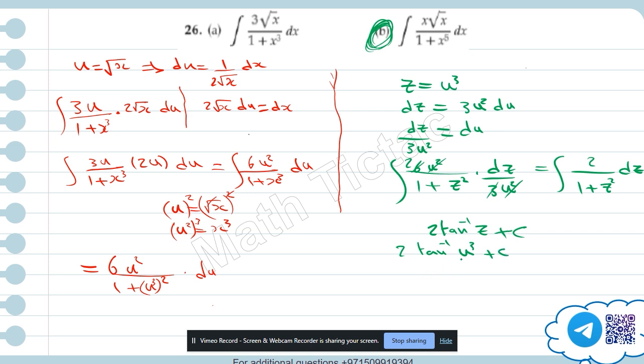Then instead of u cubed, I'll put the value of u, which is square root of x. So this is 2 tan inverse of square root of x, which is x to the power 1 over 2, multiplied by 3 over here, plus k. So x to the power 3 over 2. That's it. Basically, it's easy.